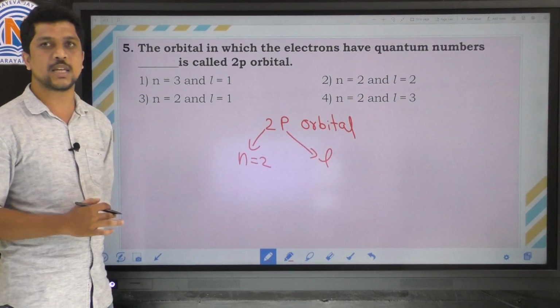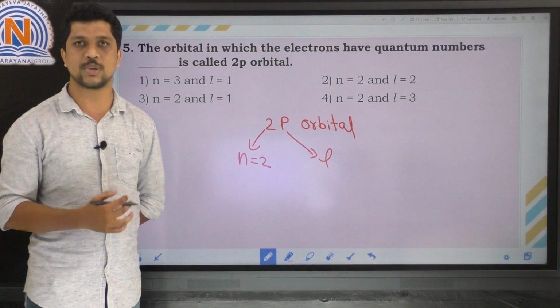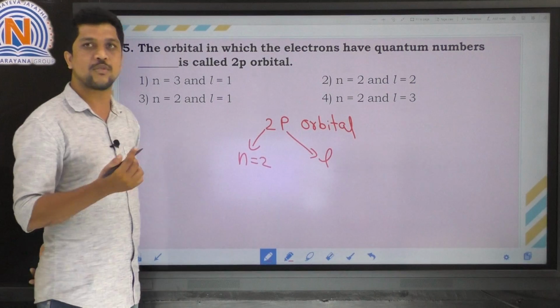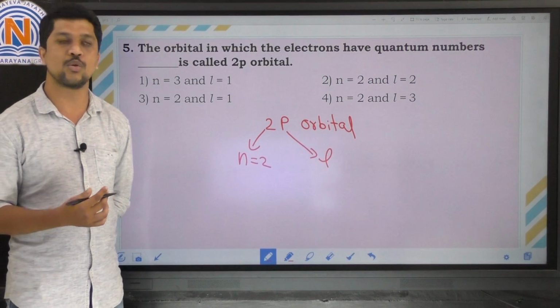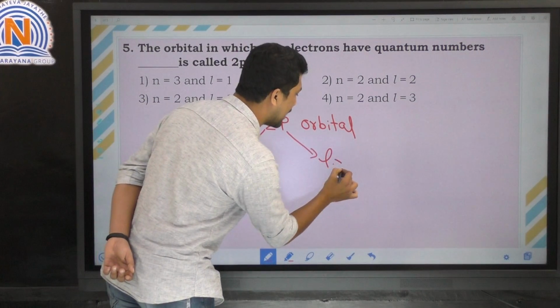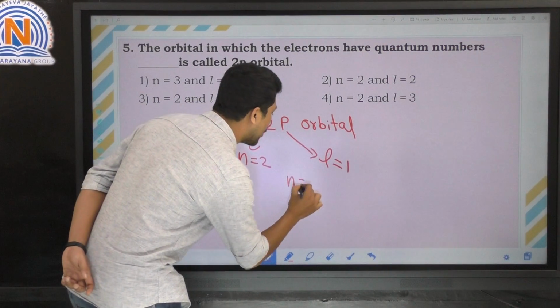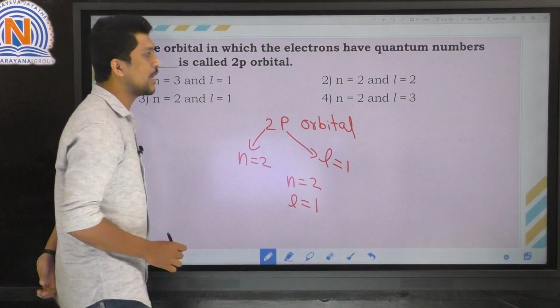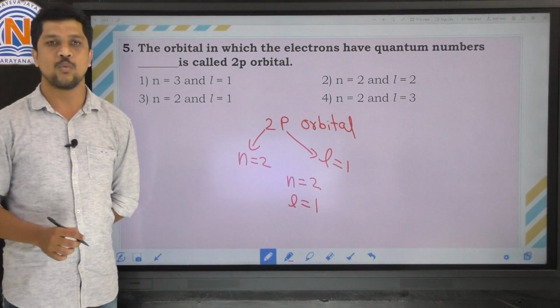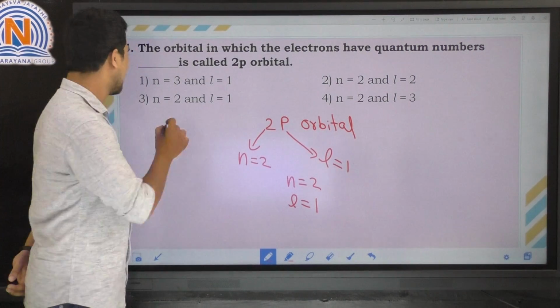Just now we discussed each and every orbital has a different azimuthal quantum number. The s orbital has l equal to 0, and the p orbital has l equal to 1. So here l equal to 1. So n equal to 2 and l equal to 1. So the correct option is the third option.